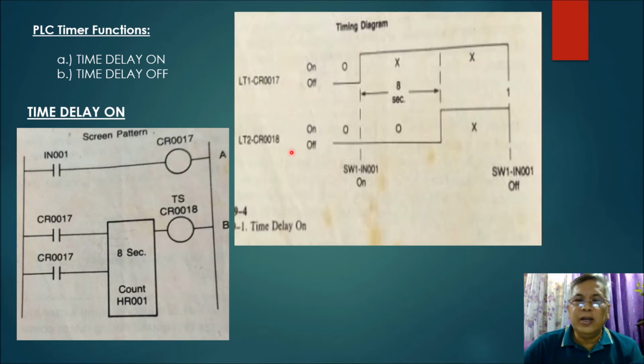So, CR018 here will be turned on. So, it is 1. And then, for a particular period of time, depending on you, once you turn off or release input 001, for example, then automatically, CR017 will be de-energized. It turns off. From 1, it becomes 0. And so as with CR018, since this is now open, automatically, your CR018 here will also turn off. So that is time delay on.